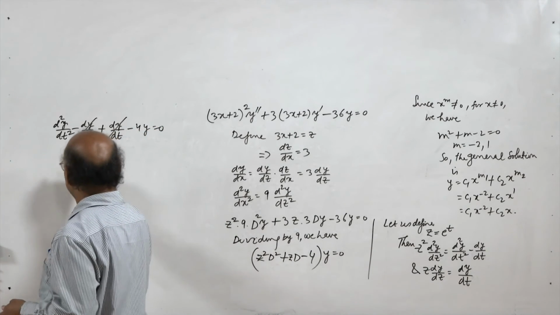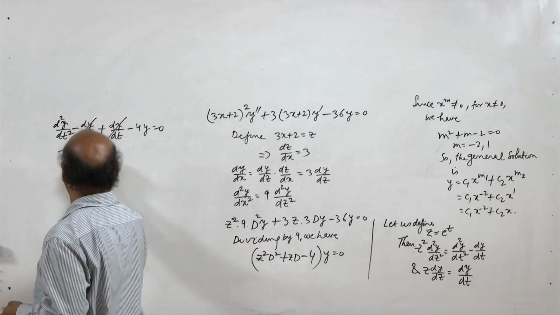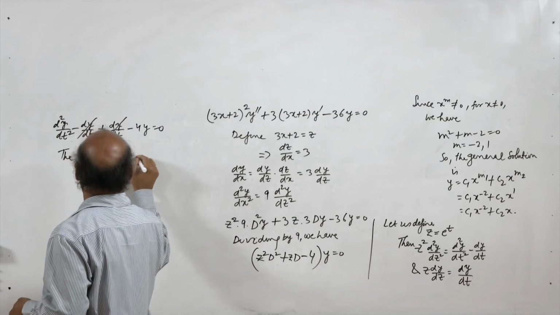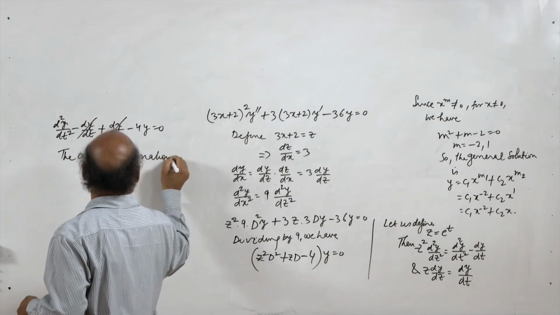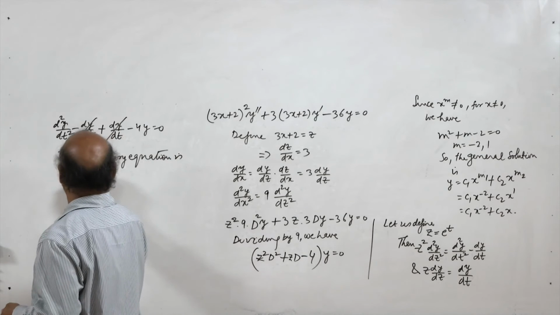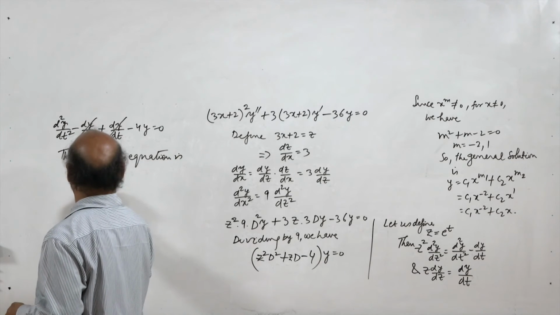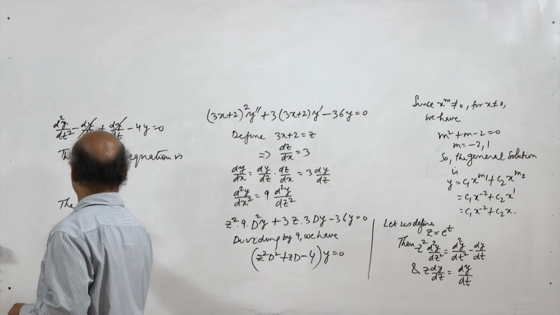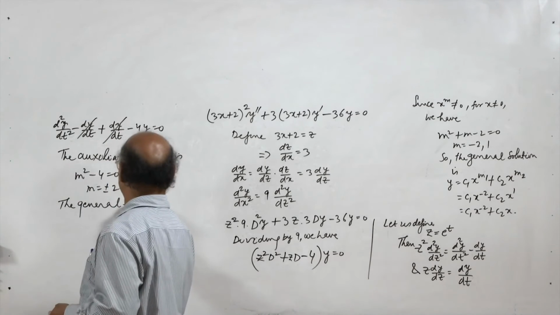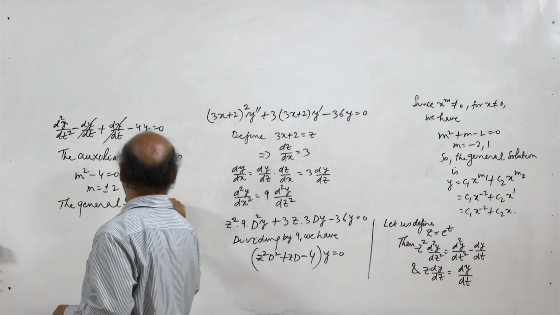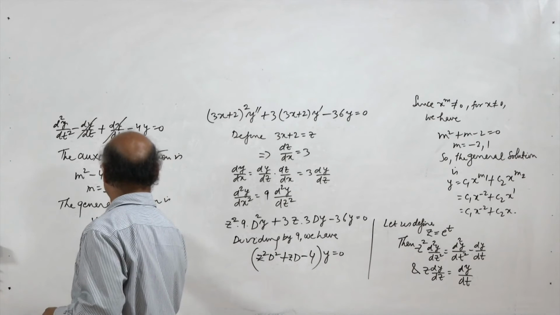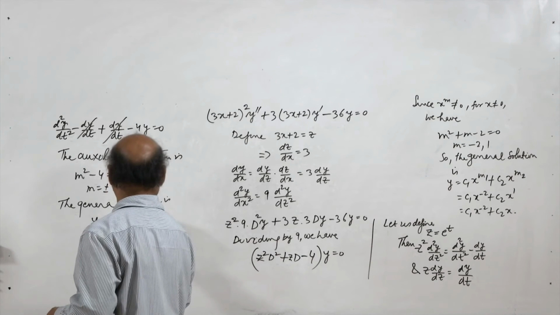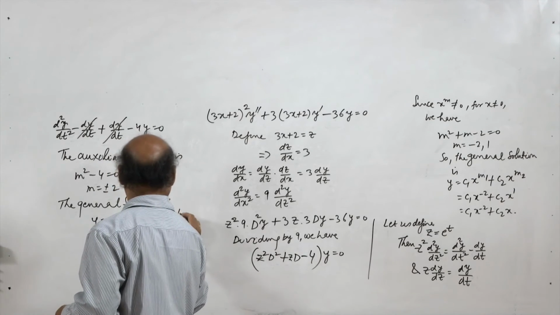So, the auxiliary equation is m square minus 4 equal to 0. So, m equal to plus minus 2. So, we get the general solution as y equal to C1 e to the power 2t plus C2 e to the power minus 2t.